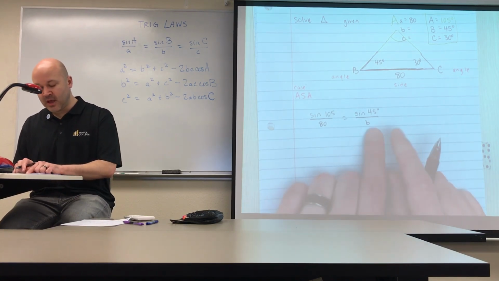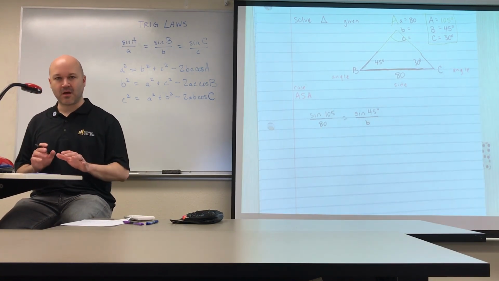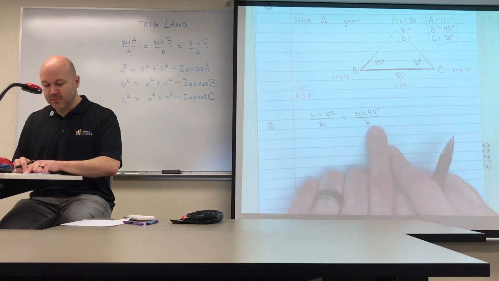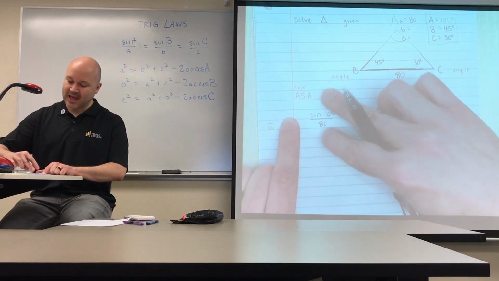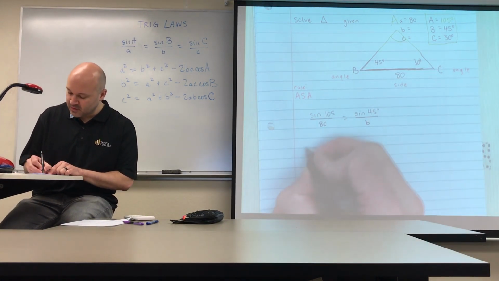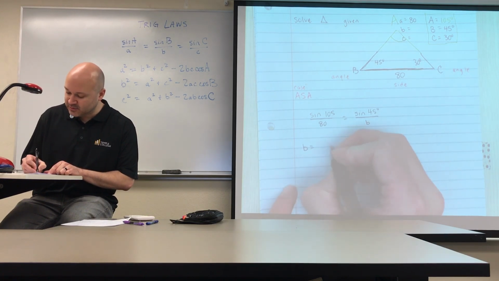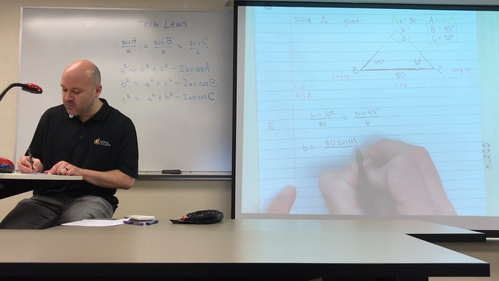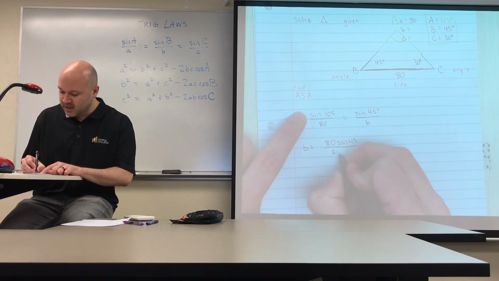To solve for B, I'm going to do this whole multiplication rigmarole. I'm going to put the B on the other side, and then kind of flip this and move it over. I claim B is equal to 80 sine 45 over sine 105.